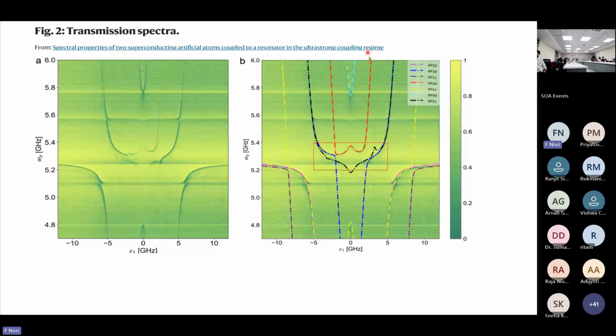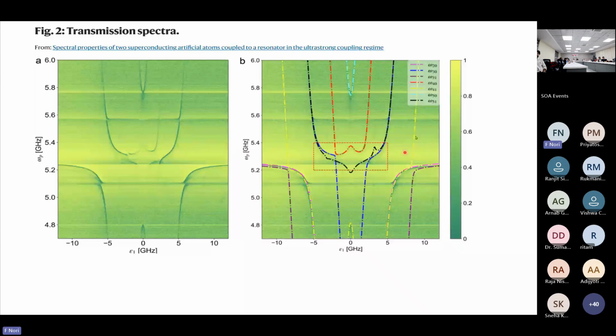These are the transition lines between, let's say, level 1 to 5, level 0 to 5, level 1 to 4, level 0 to 4, 3 to 1. So there are many transitions when you change epsilon 1, the energy of qubit number 1. This is the raw data, but when you do the calculation, you can see that the raw data can be matched very well with the theory.